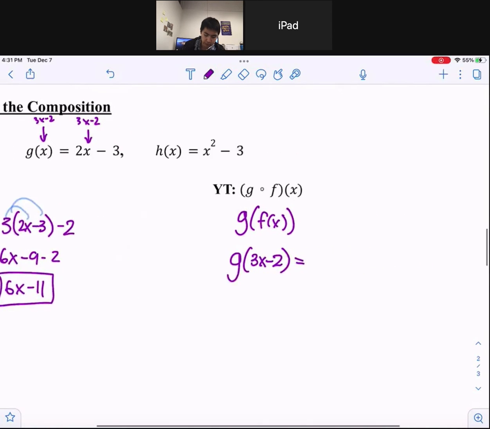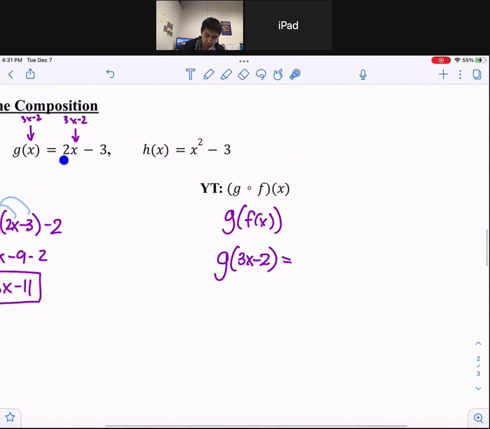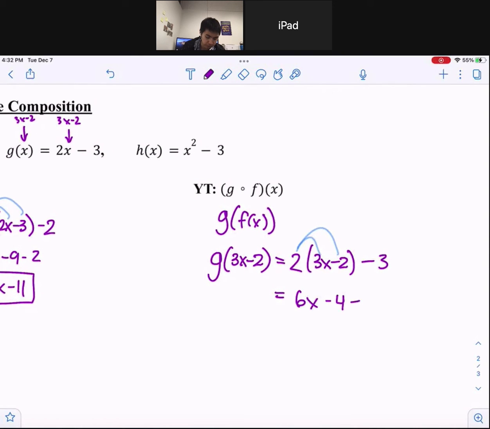So this is going to equal 2 times your new x, 3x minus 2, because that's what you're substituting in for x, and then lastly, minus your 3. Distribute. 6x minus 4 minus 3, which is 6x minus 7.